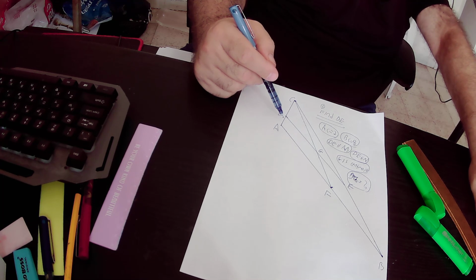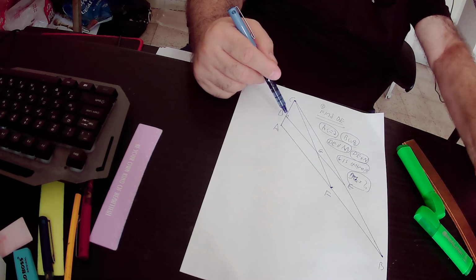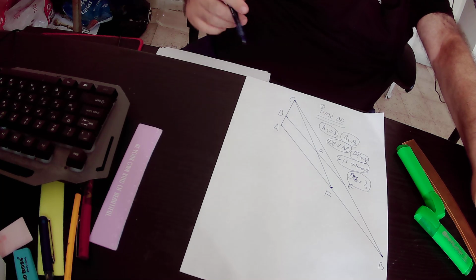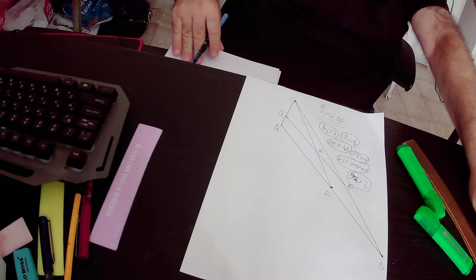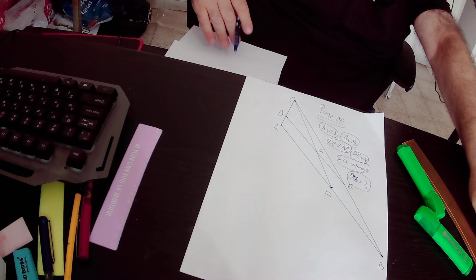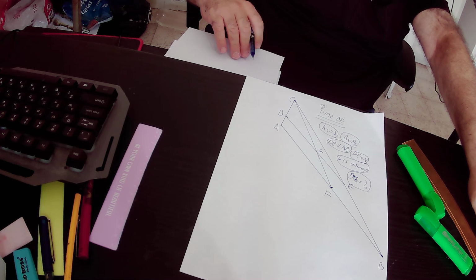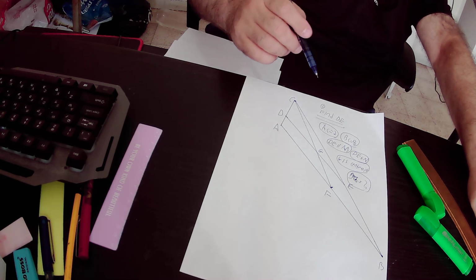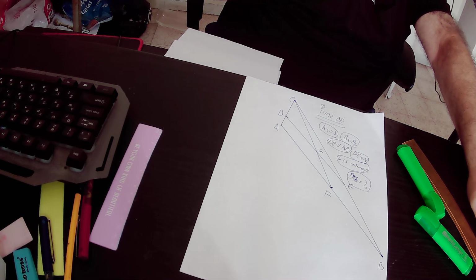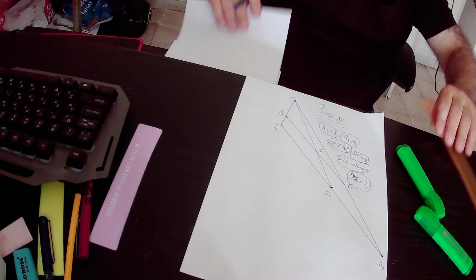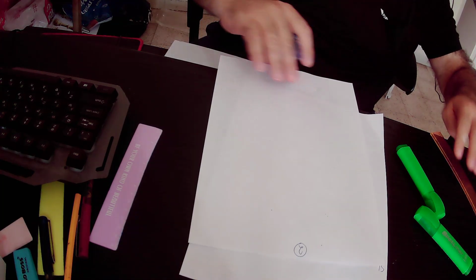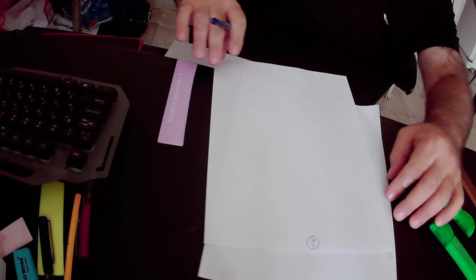And we want to find out the size of DE, or the value of DE. Okay, so first of all, we have a rule, I will call it rule number 1, that relates to the centroid of a triangle.